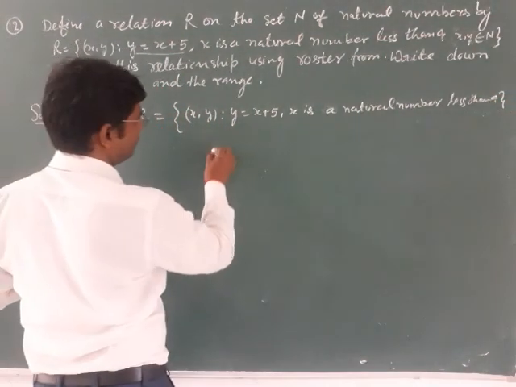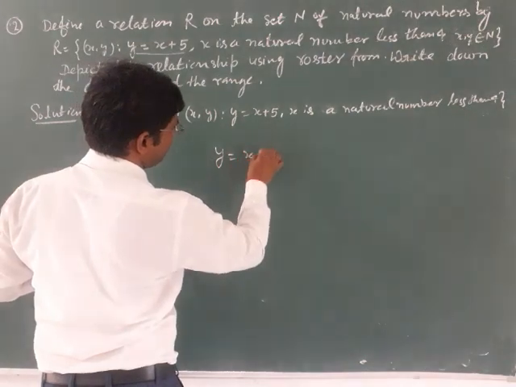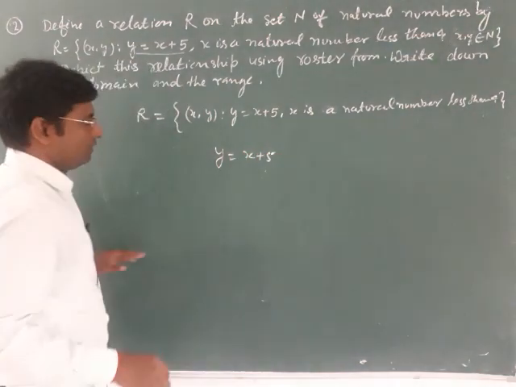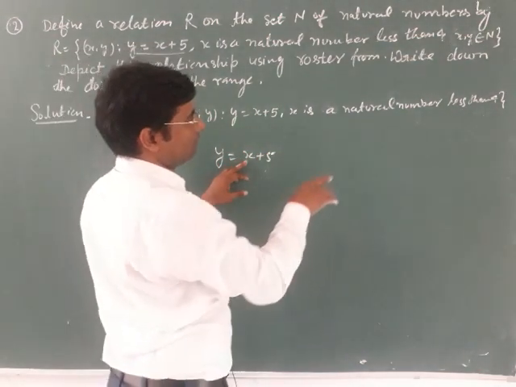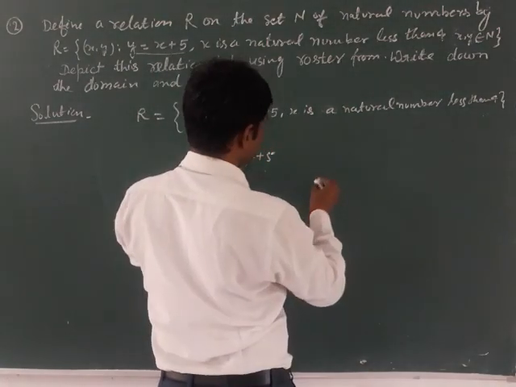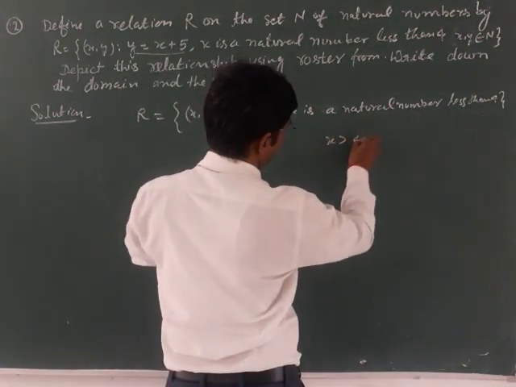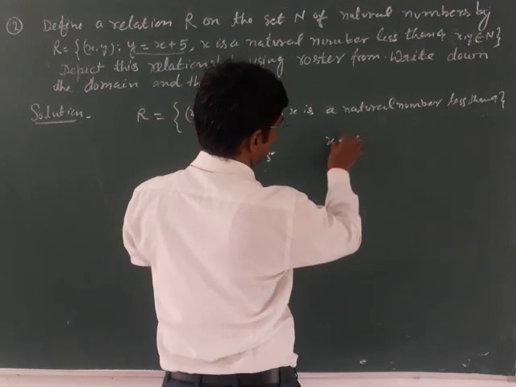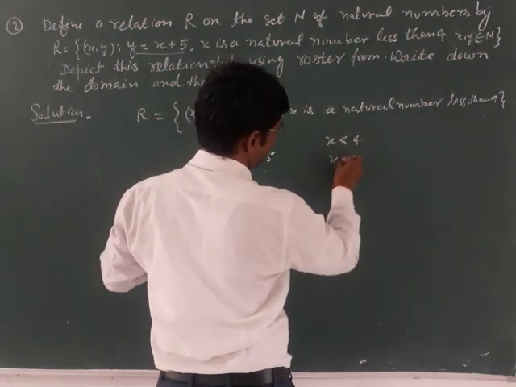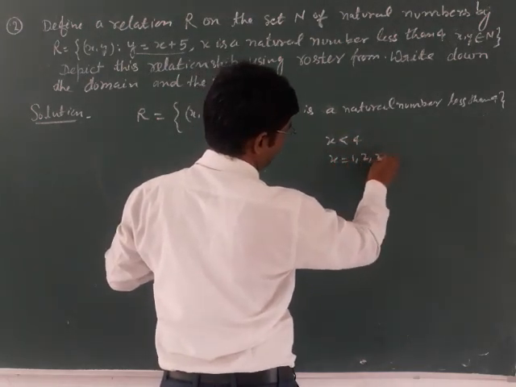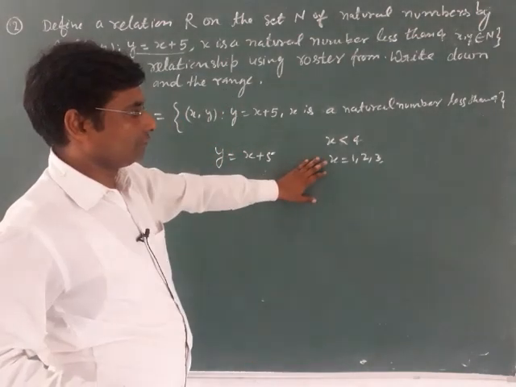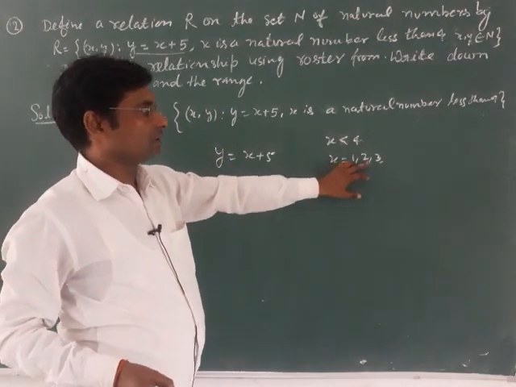So given y is equal to x plus 5, where x is less than 4. x less than 4 means x is equal to 1, 2, 3, taken as values of x.